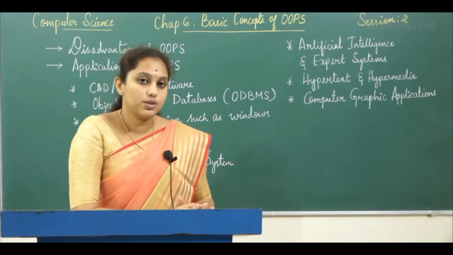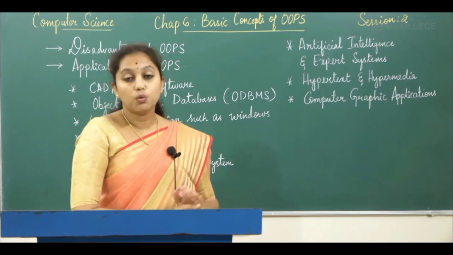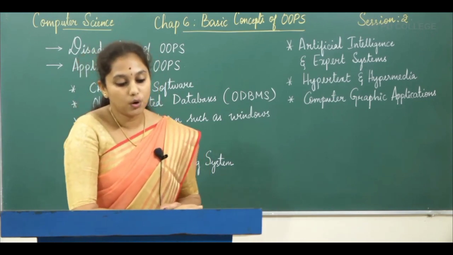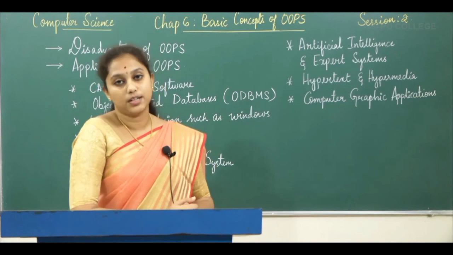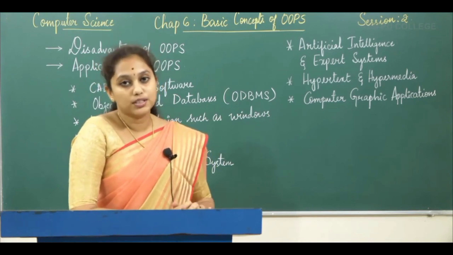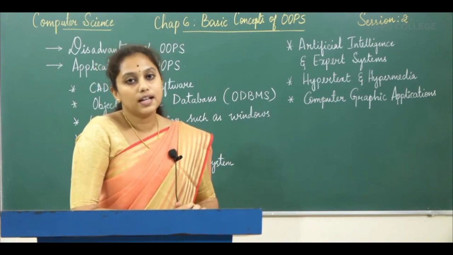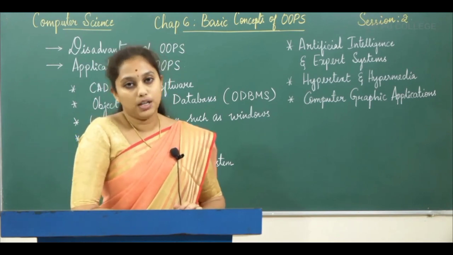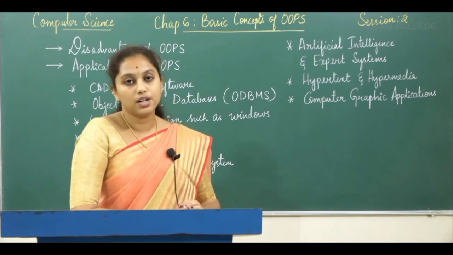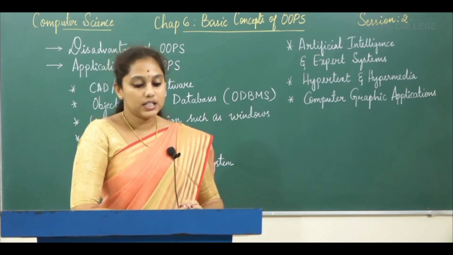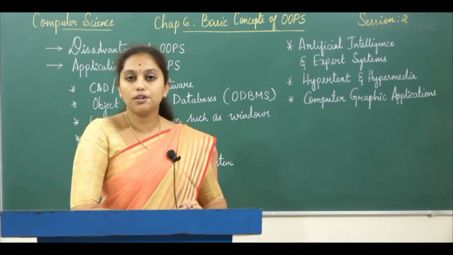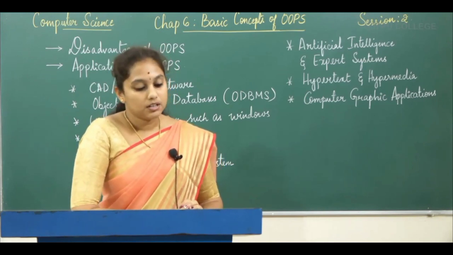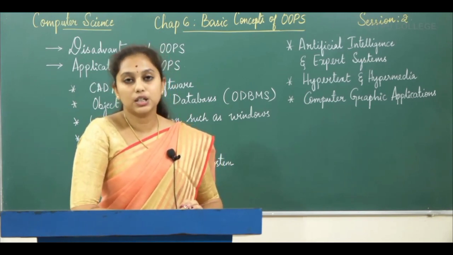And what are the questions you can expect from this chapter? For 1 mark questions, you can expect: what is the fundamental idea of object-oriented programming? The answer is objects and classes. Second question, what is an object? An object is a real world entity and it is a collection of data members and member functions. Third question is, define the term class.